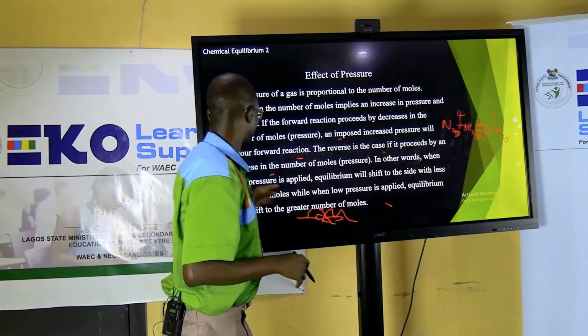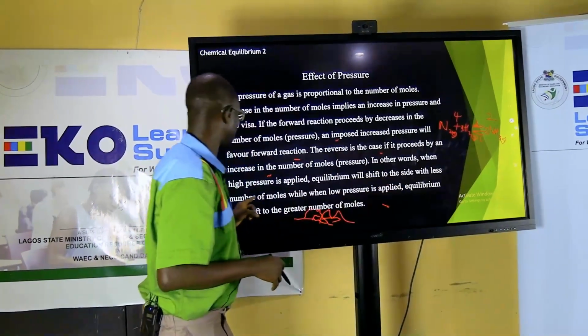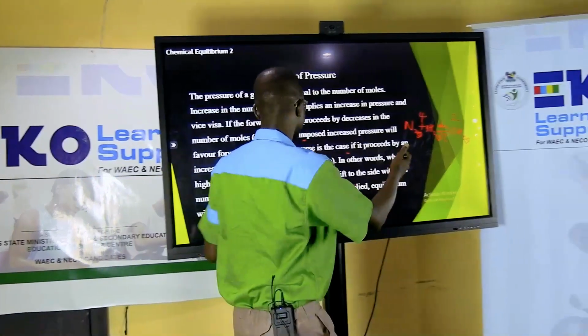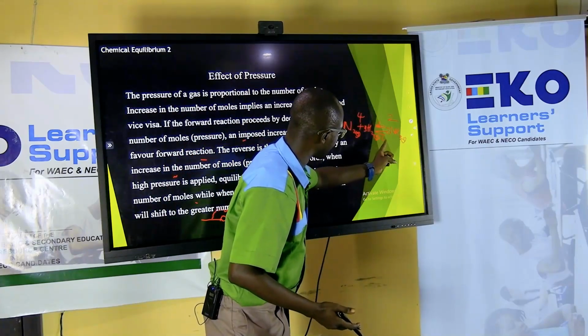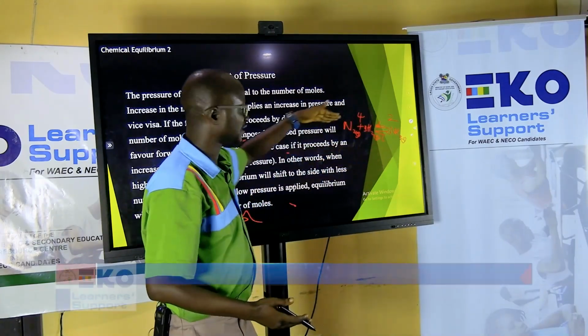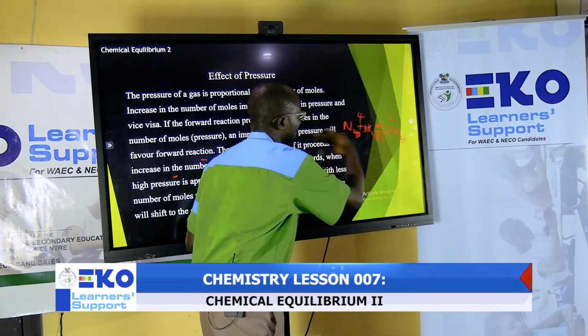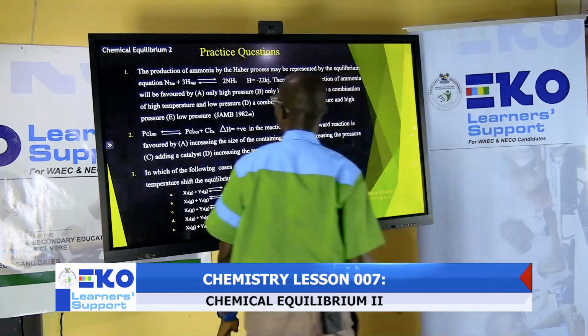In other words, when high pressure is applied, equilibrium will shift to the side with the fewer number of moles. So increased pressure, as you can see, we favor the side that has a lesser number of moles, while decreased pressure, we favor the side that has higher number of moles.